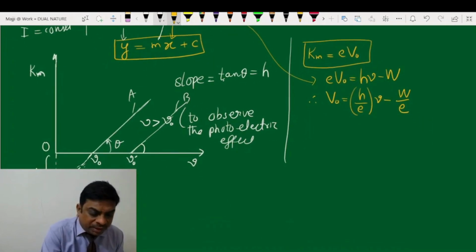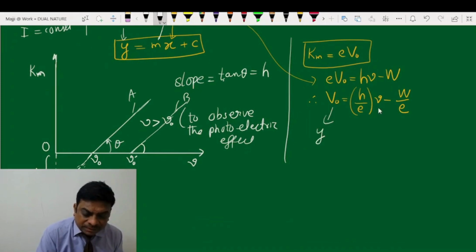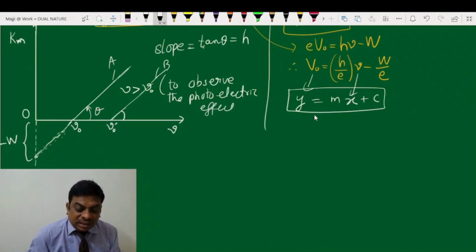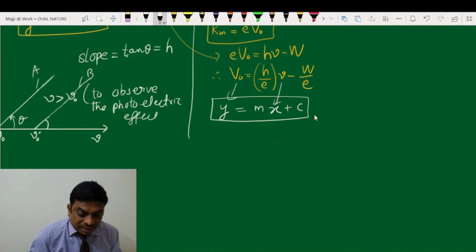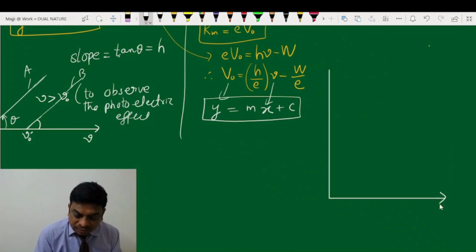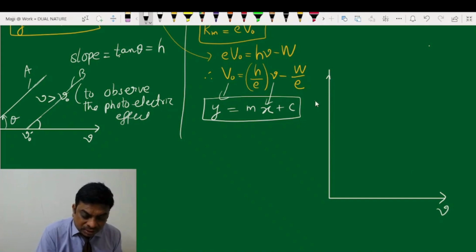So again, if you take the stopping potential along the y-axis and frequency along the x-axis, then again you get an equation of the type y equals mx plus c, which indicates that again it's a straight line. So this is frequency, this is stopping potential, and again you get a straight line here.